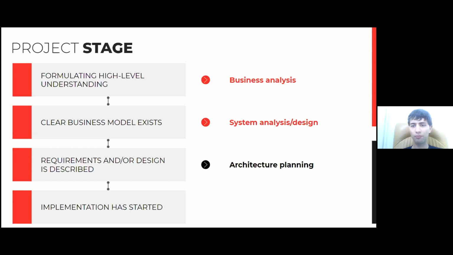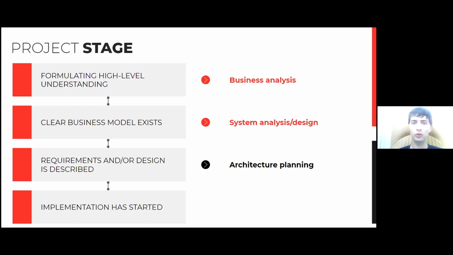The next level might be exactly like this: the client came to us with a clear business model and an existing business canvas, probably some business plan already in place. But he is missing some details of the features that he wants to implement. These details are described during the system analysis phase.